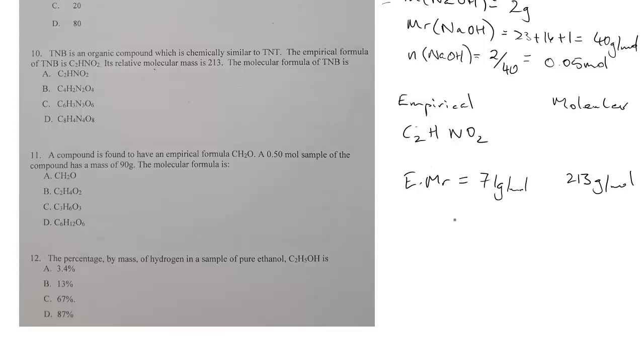And what we can do is work out a ratio. So the ratio is you compare the molecular molar mass to the empirical molar mass, and when you divide 213 over 71 you get 3. And so to get your molecular formula, you have to times everything by 3. All the atoms need to be times by 3, so you're going to get C6H3N3O6.